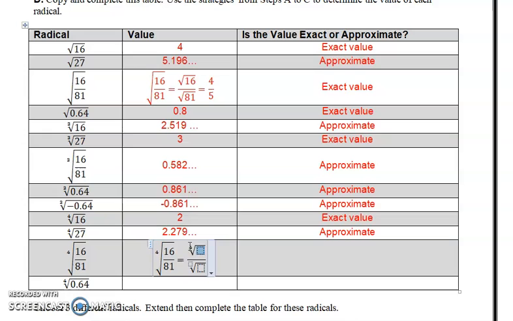So you're taking the fourth root of 16, which is 2, and you're taking the fourth root of 81, which is 3. We saw that on the previous page. So it's actually equal to 2/3, which indeed is an exact value. Okay?